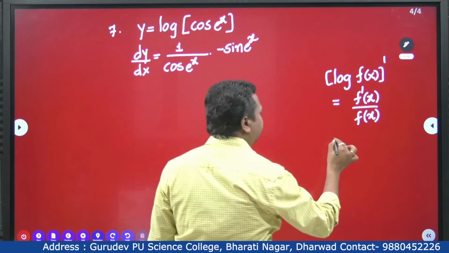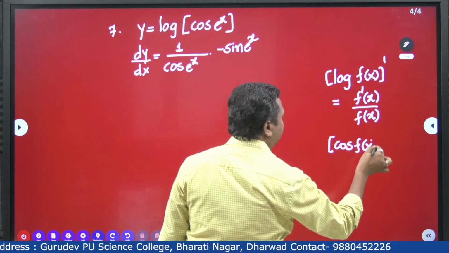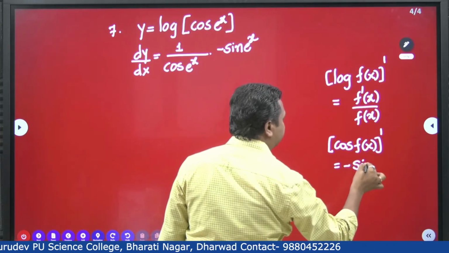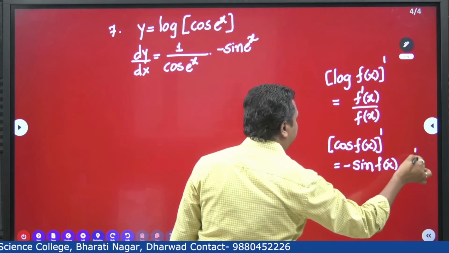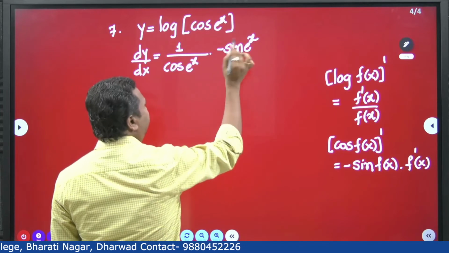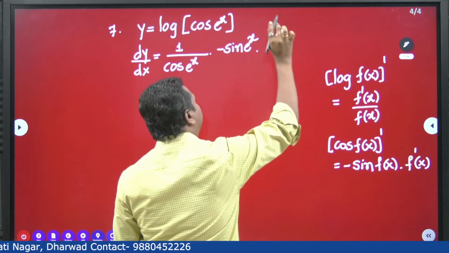Which identity are you following? The cos f of x identity. What is the cos f of x identity? Differentiation gives minus sin f of x into f dash of x, correct? Therefore, we have minus sin f of x into, what is the differentiation of f of x? It is nothing but e to the power x.